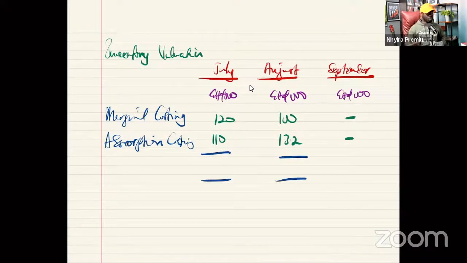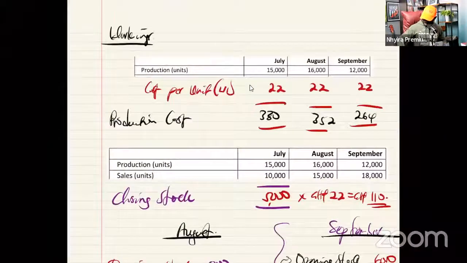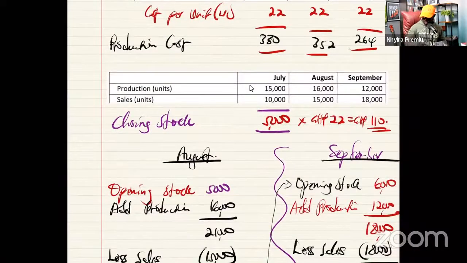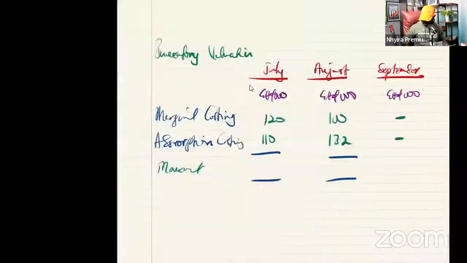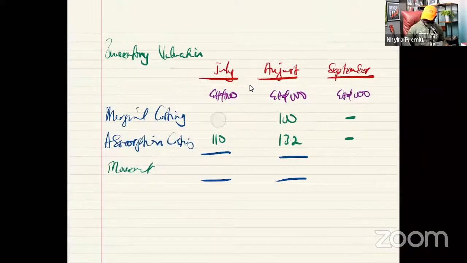So if you look at the movement in the inventory, you're going to have 10 here, because you realize that the inventory is, sorry, let me pick that again because I think I'm messing it up. This is 110 here. This should be 100, sorry, because the absorption costing cost will be more. Okay, so this will be 100, so this will be 10 here. Then August, let me pick August again.